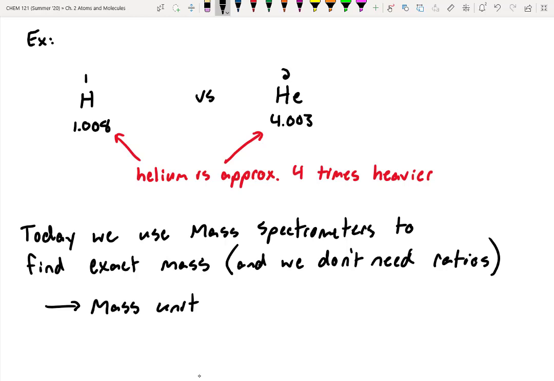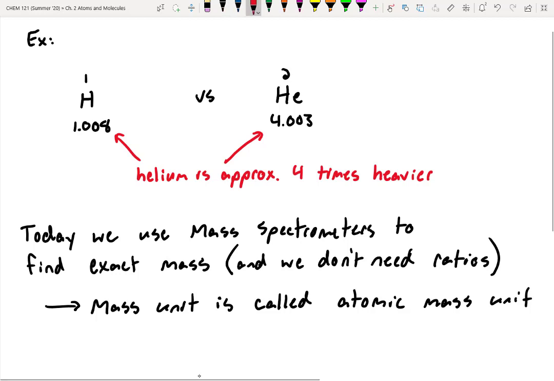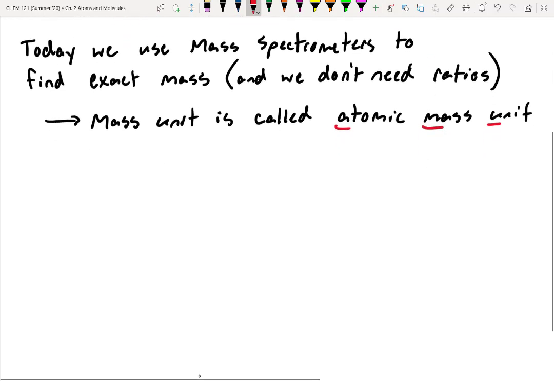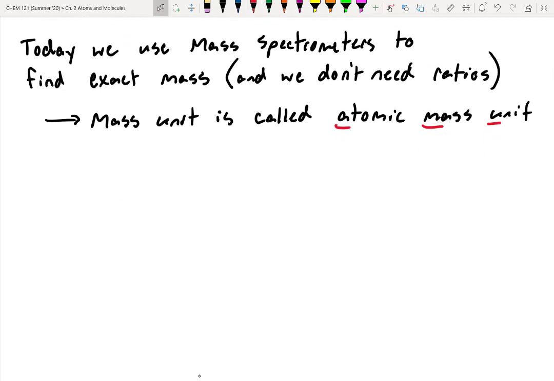In addition, the mass unit that is used is called the atomic mass unit. Oftentimes you'll see this abbreviated as AMU, and the unit symbol that we usually see in our textbook is just represented with a little u. So that's something to be aware of.